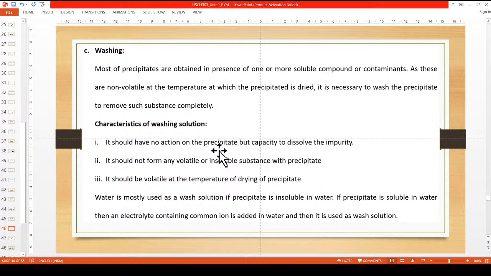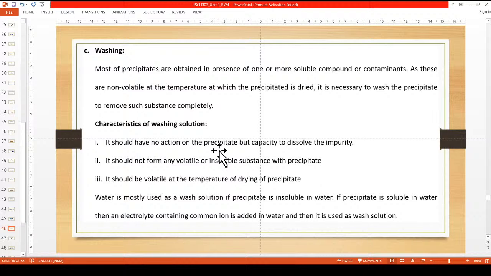Okay, lattice of your precipitate. बहुत सारा उधर precipitate रहेगा, उसमें से impurity को ढूंढने के लिए time लगेगा ना washing solution को. So use small fractions of washing solution to get a better precipitate. Okay, अगर clean precipitate चाहिए तो use more and more fractions.